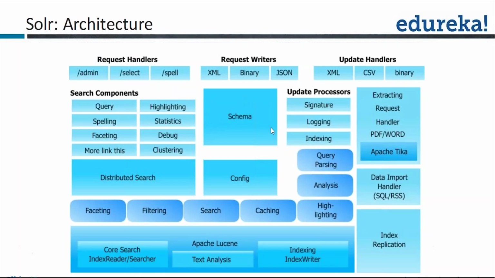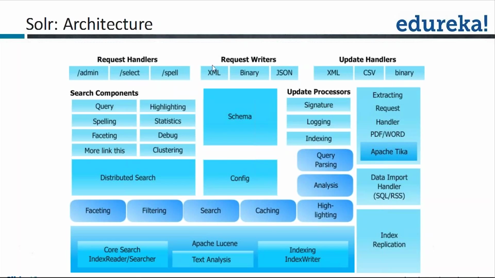The schema.xml lets you control the schema of the documents which are coming into your Solr instance, and solrconfig.xml lets you configure the request handlers, the search components, and all of the advanced features like faceting, filtering, search, caching, highlighting, query parsing, and analysis. So you can control almost all the advanced features through solrconfig.xml.